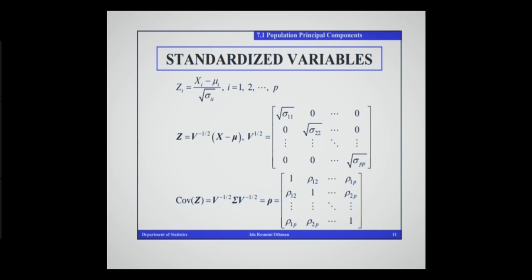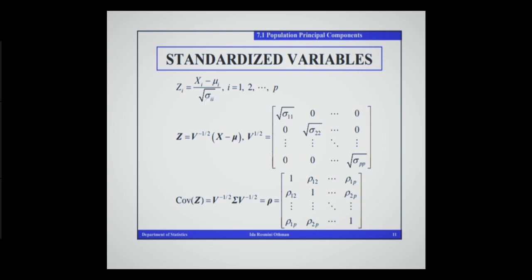Okay, another way to find the principal components is by obtaining them from the standardized variables. As you know, to standardize the variables we subtract the mean and divide by the standard deviation.